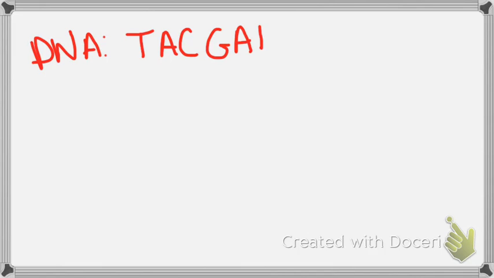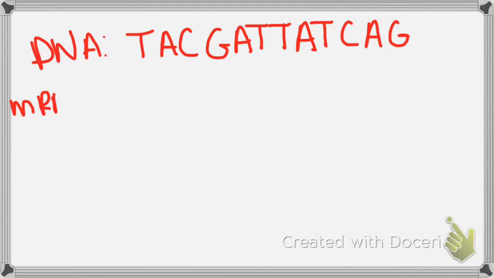So I'm going to give you a DNA sequence. Here's our DNA sequence: T, A, C, G, A, T, T, A, T, C, A, G. Let's figure out our mRNA sequence.